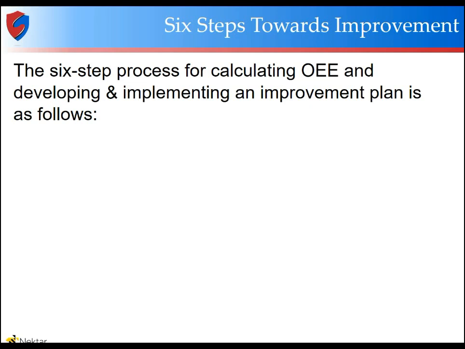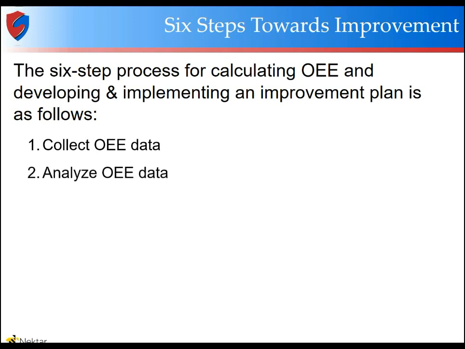Okay, there's a 6-step process we're going to follow to calculate our OEE. OEE becomes a very powerful key performance indicator, or metric, to help us drive improvement, reliability, and extend the lifespan of that piece of equipment. So it's going to start out by collecting our OEE data. We need good OEE data, and there are some tools we can use to do that. Then we analyze the OEE data.